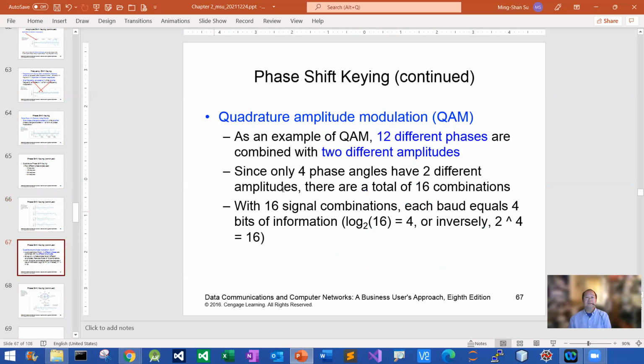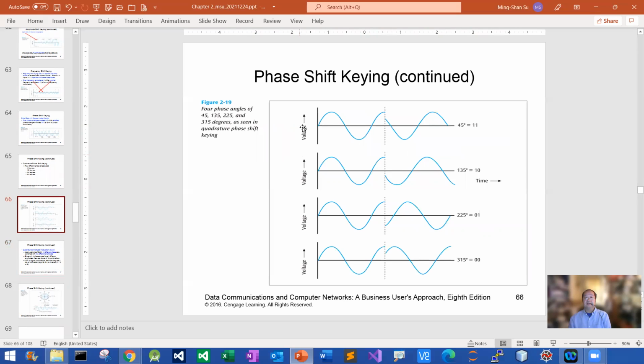So next one, you mentioned about quadrature amplitude modulation. As an example of QAM, 12 different phases are combined with 2 different amplitudes. You can see that here the amplitude, which means the height of the waveform above and below the reference line, are the same.